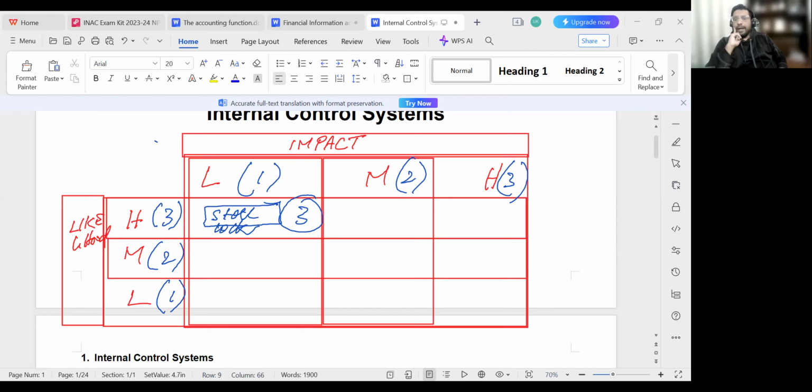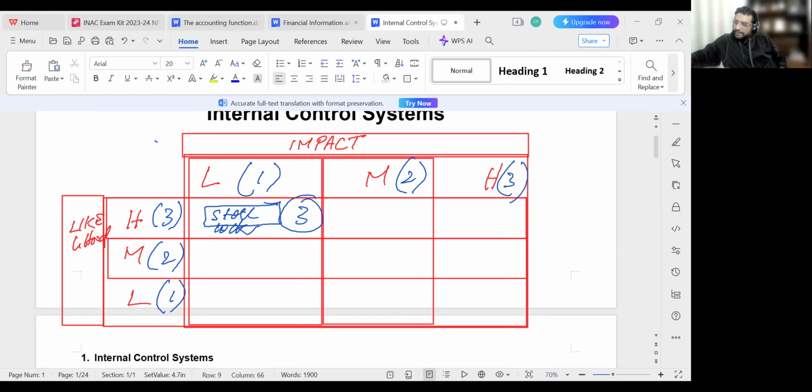So likelihood is high, and if someone does that, when they're going to do some purchases from the credit card, that's going to be on the higher side. So the impact of that on the organization would be medium. Okay, likelihood is high and impact is medium.